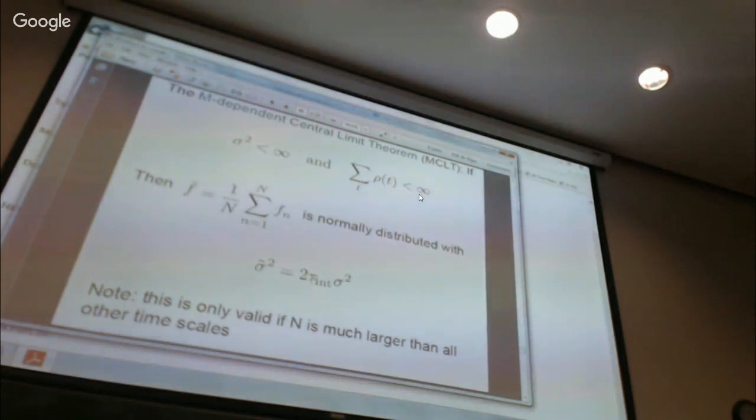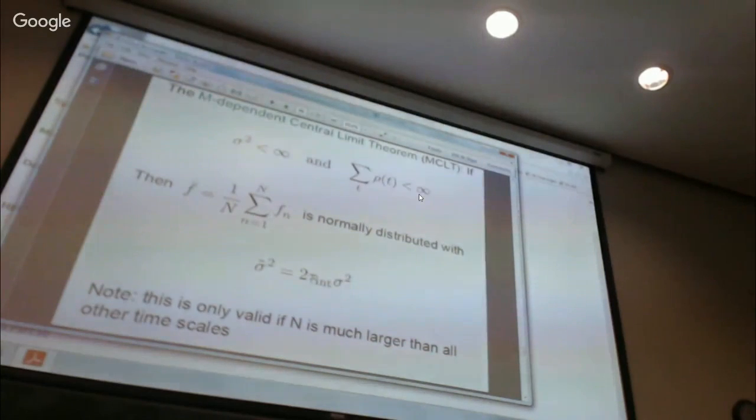In order to prove this M-dependent central limit theorem, you need bins that are of size tau x, not tau int. And in practice, the tau x would be taken from fitting the autocorrelation. Yes, by taking the logarithm and then looking at the effective slope. Yeah, exactly, that's right.